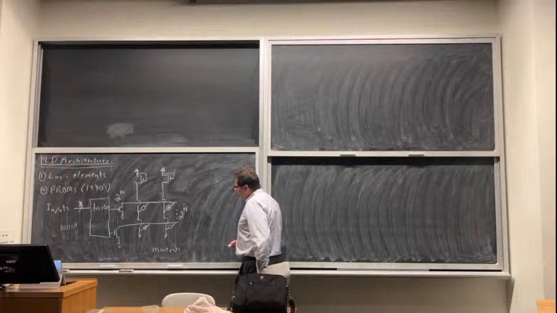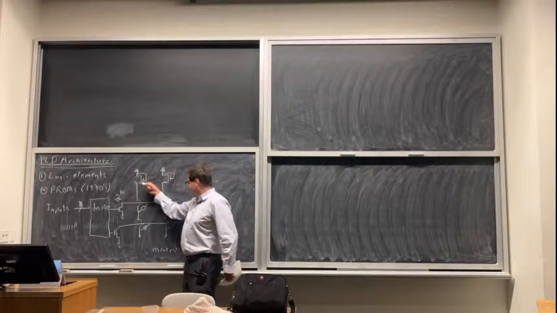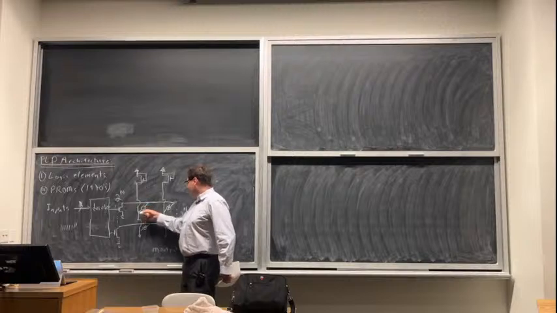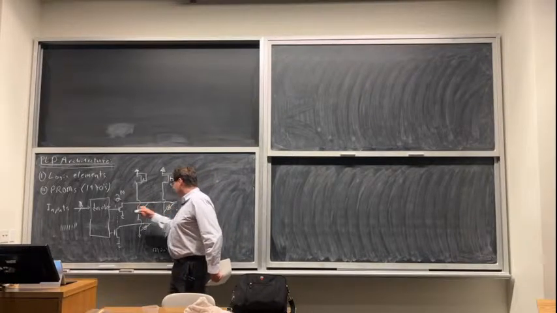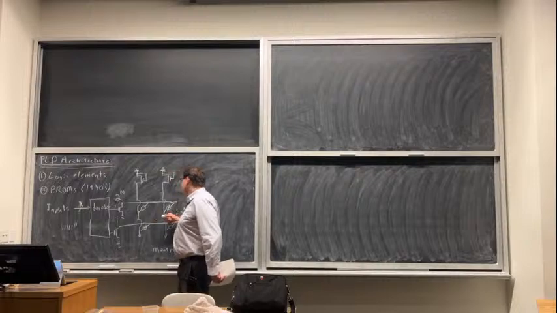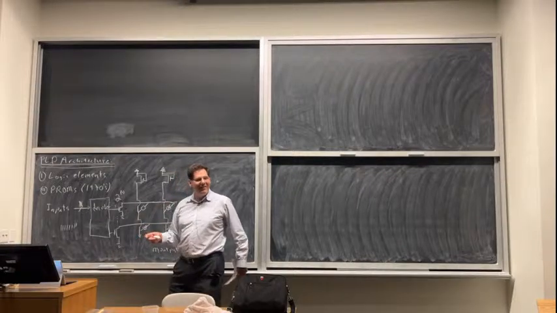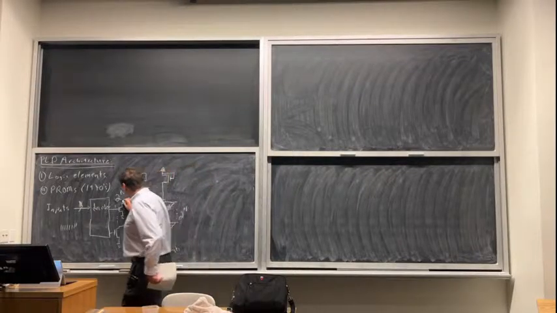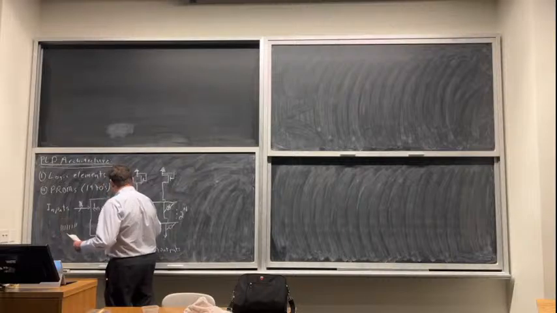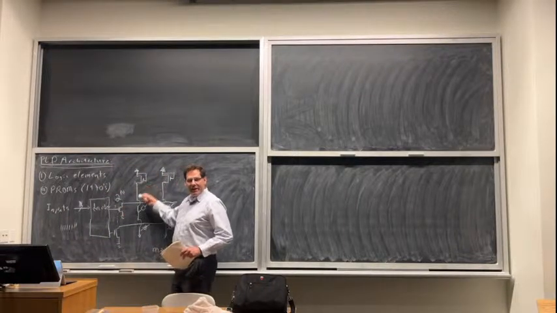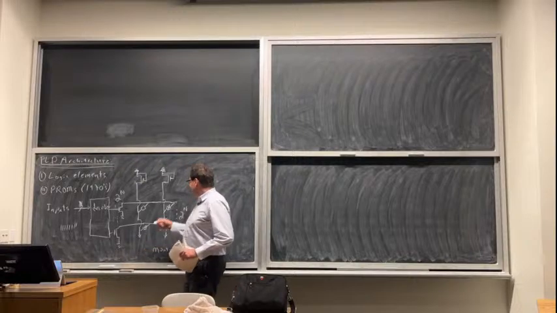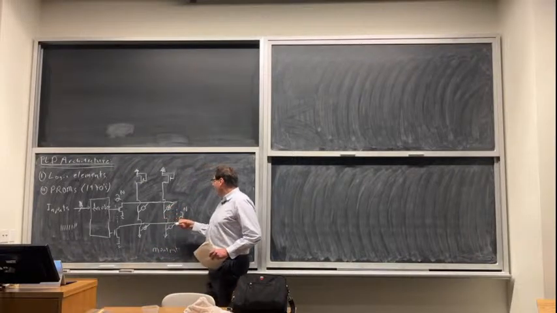Actually I need to make this one stronger. So if these are still connected, this guy's going to get pulled up. And if they're disconnected though, let me think about that. No, I want to go back to my initial one. I make this one the stronger one. Sorry, I've confused myself. Yeah, I make this one stronger. If they're still connected, this guy wins, and it gets pulled down to 0. If they're not connected, then this guy wins by default, right? There's nothing else, so it's going to go to 1.